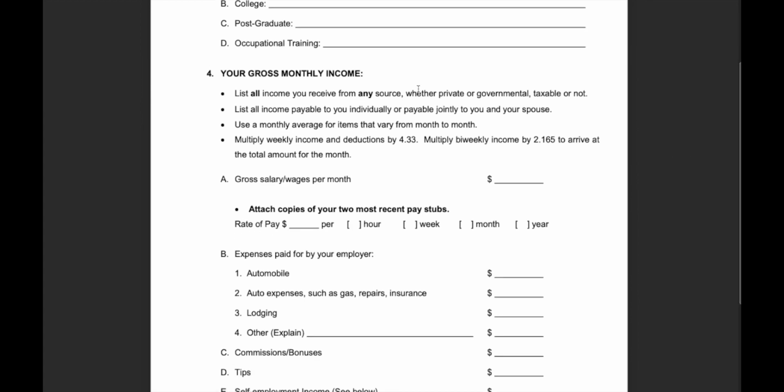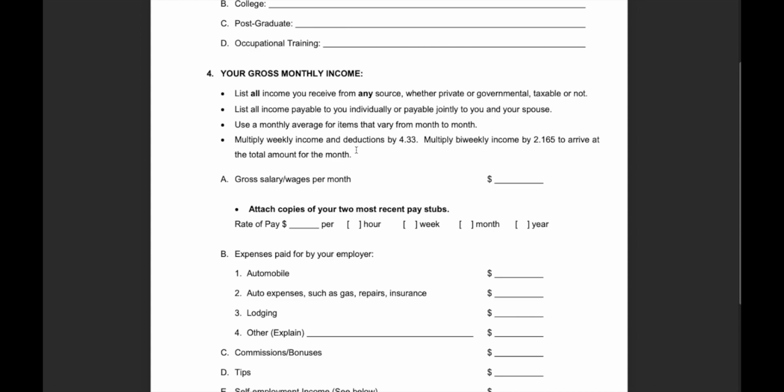Your gross monthly income. This is one of the biggest questions that clients oftentimes have questions with. So you're going to list all income you receive from any source, whether it's private or governmental, taxable or not. List all income payable to you individually or payable jointly to you and your spouse. Use a monthly average for items that vary from month to month.